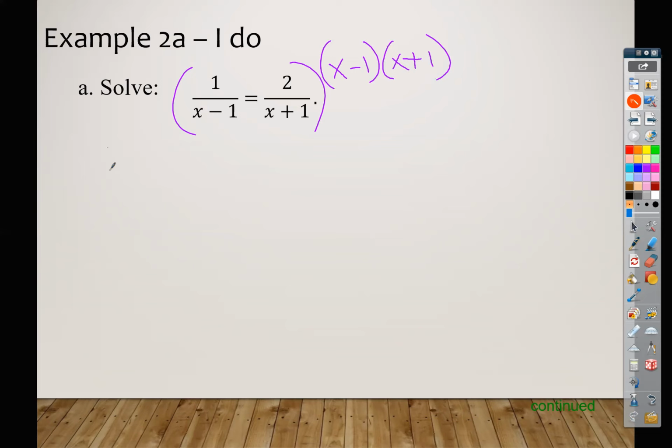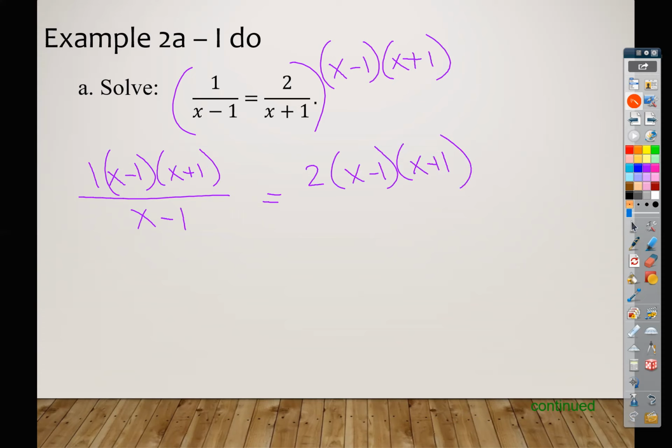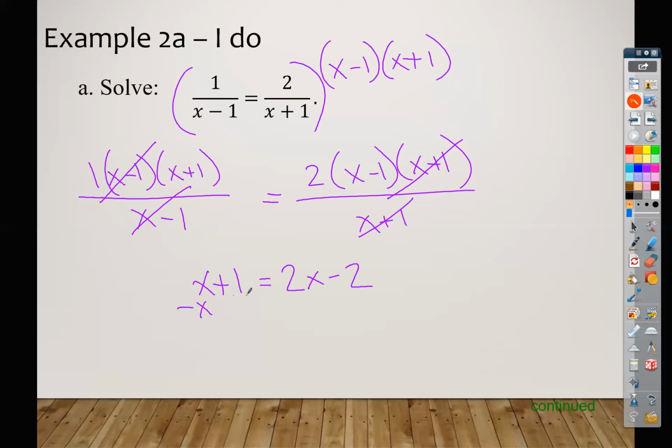So like, watch, we're going to say x minus 1 times x plus 1 over the x minus 1 equals 2 times x minus 1, x plus 1 over the x plus 1. So this would cancel, and I would just be left with x plus 1 equals 2x minus 2, and then solve. So subtract the x and add the 2. So I get 3 equals x.